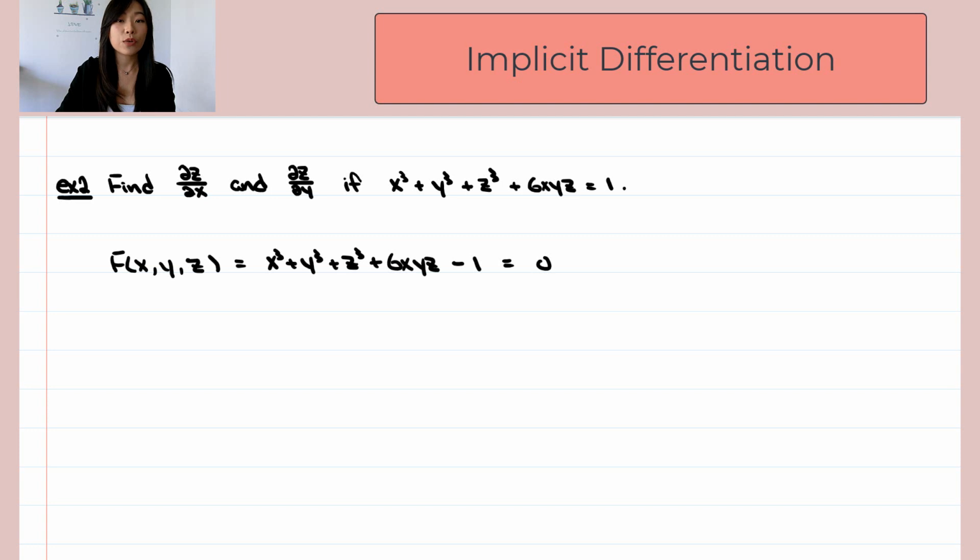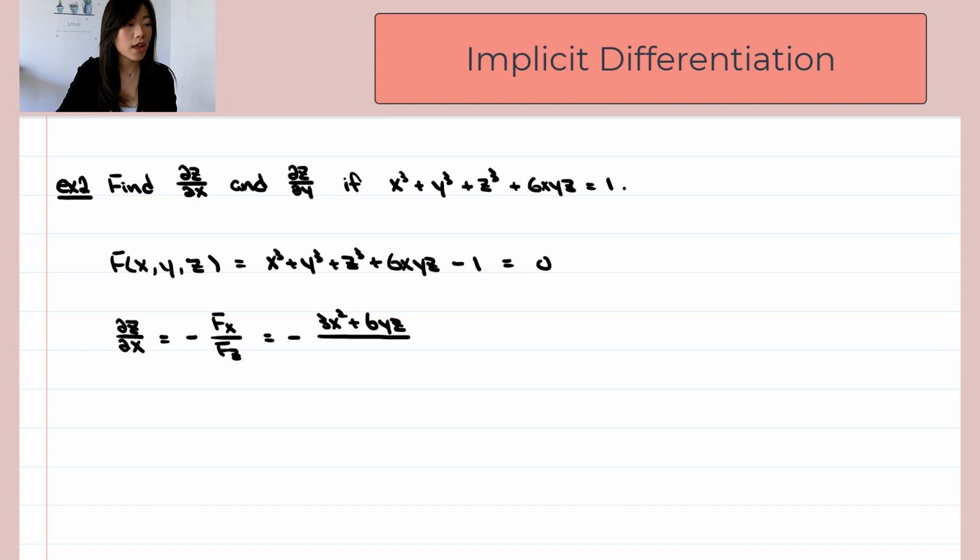Then I can use the equation that we derived. I can easily write out the partial derivative of z with respect to x. It is the negative of f sub x over f sub z. So this equals negative of the numerator f sub x, that equals 3 times x squared plus 6 times yz.